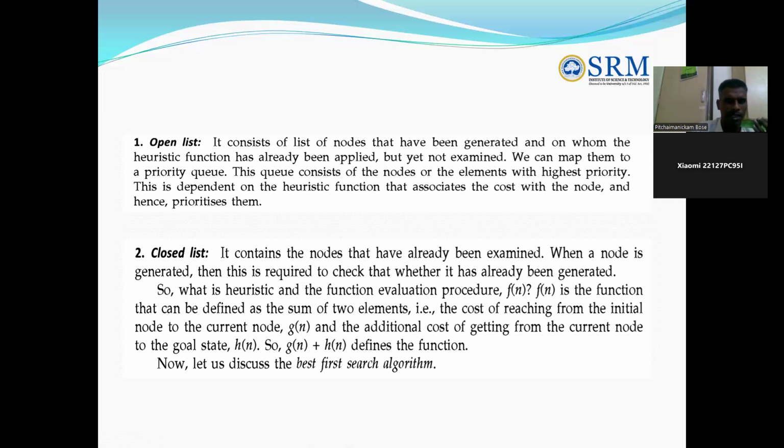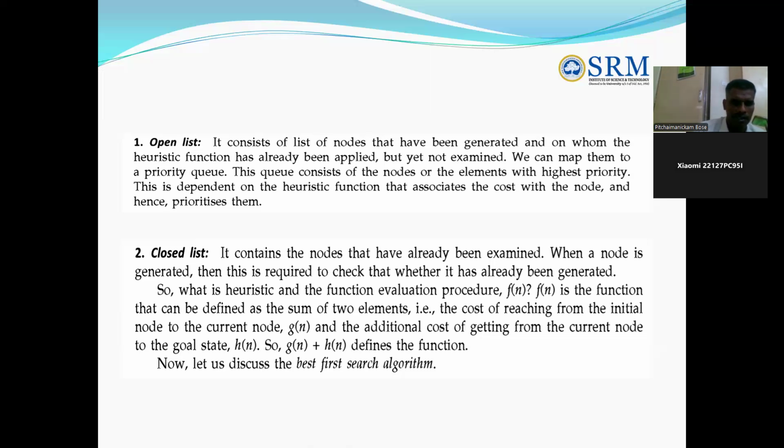We can easily map the node entries with the help of priority queues. The priority queue consists of elements with the highest priority, which mainly depends on the heuristic function associated with the cost of the node, and hence the prioritization of them. This is called the open list. The closed list contains the nodes that have already been examined.